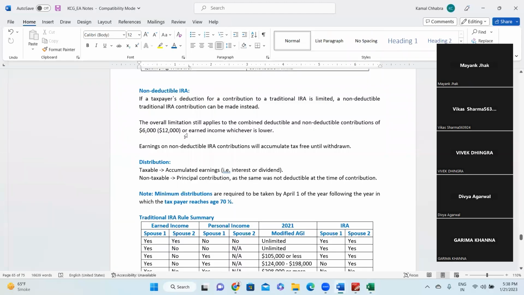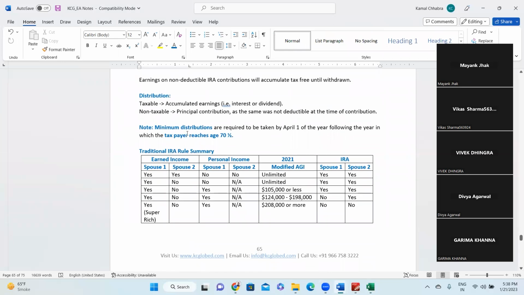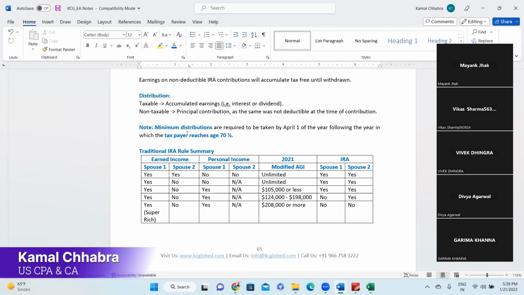Now the overall earnings on non-deductible IRA contribution will accumulate tax-free until withdrawal. So at the time of withdrawal, the principal is non-taxable, but the interest you are earning is taxable in the case of traditional non-deductible IRA. In case of distribution, the accumulated earning, which is your interest or dividend, is taxable.